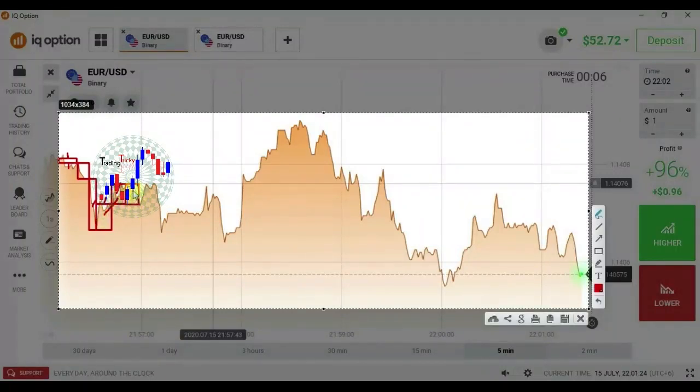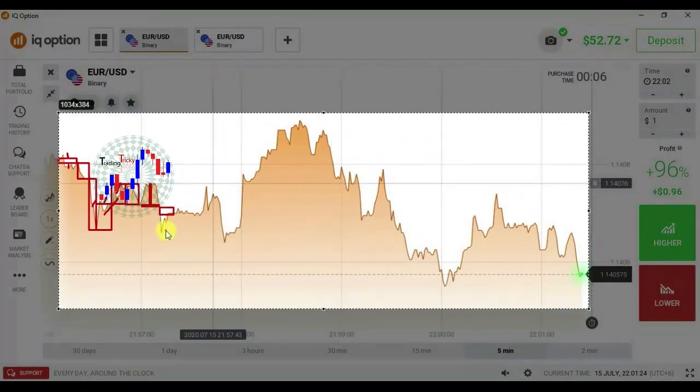This is a bearish candle. This candle also has no wicks. After that, you can see this is a closing price. It means this is a doji candle, and this is the second candle.